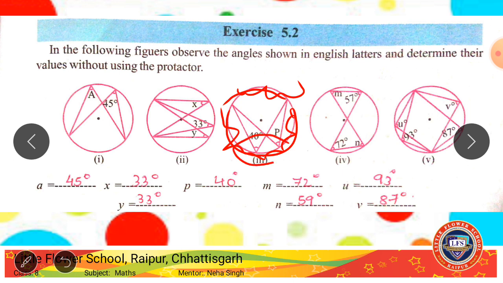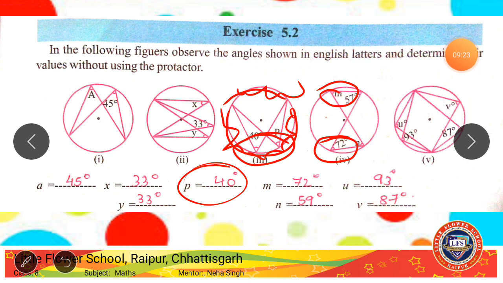P and 40 degrees are both in the major arc, so P will also be 40 degrees, right? Now similarly, see here, M and N, this is 72 degrees, so this will also be 72 degrees, right?